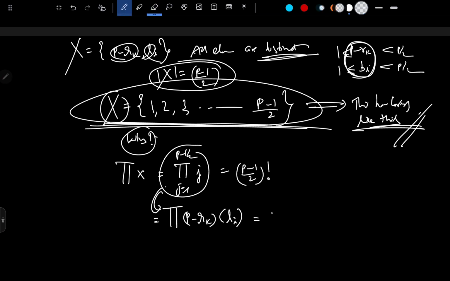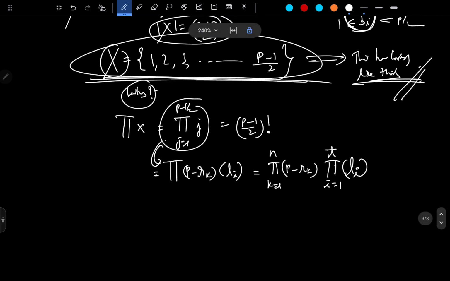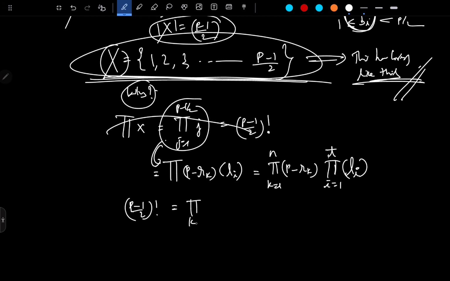I can separate it like this: pi where k equals 1 to n, where i equals 1 to t, li. Now consider this one. So basically these two are equal. This finally I have got like this.